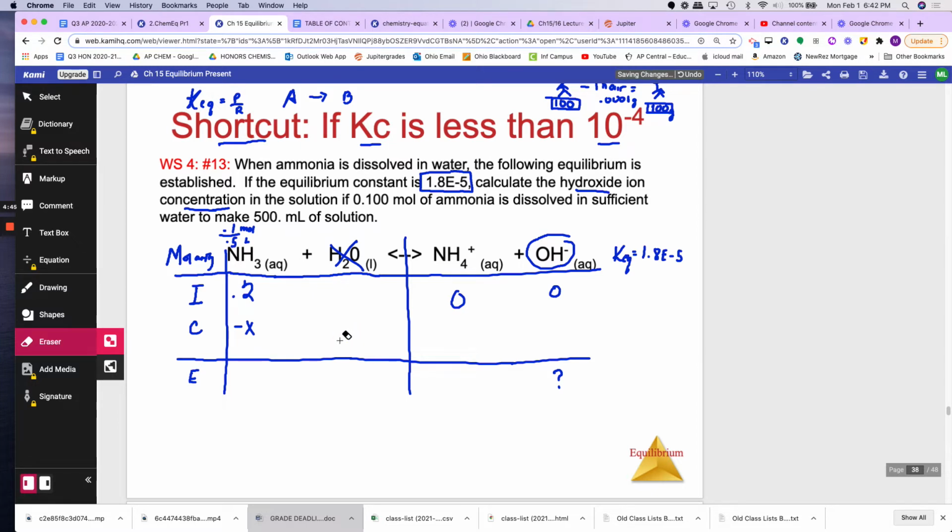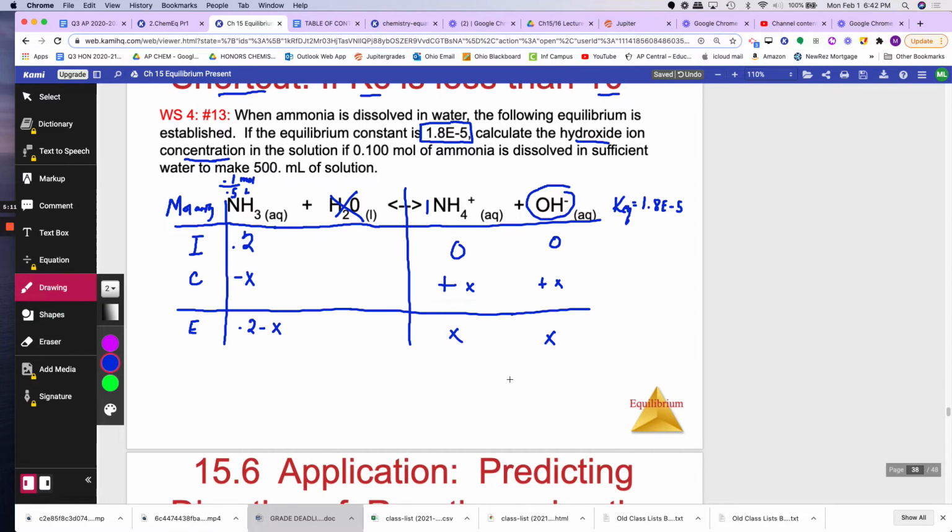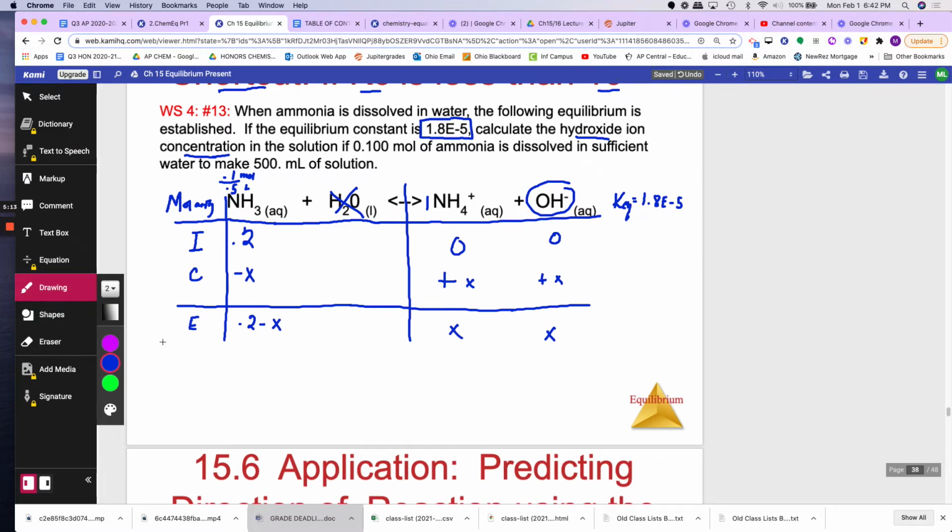Don't need to be concerned with that. And then this is going to be, there's a 1 there, so plus x and plus x. So what you're interested in here is 0.2 minus x is what's left over, and this is going to be x and x.